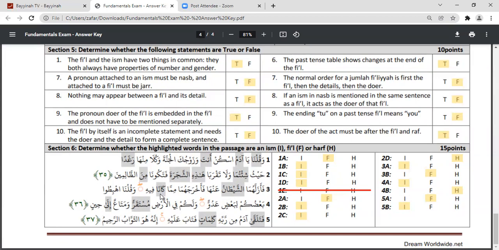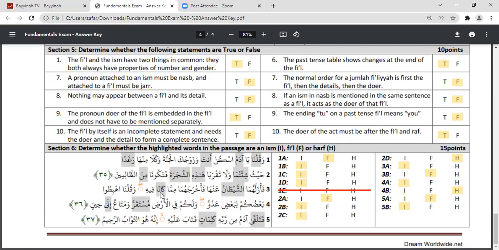3b, kana. Because this is a bit tricky, but kana rhymes with nasara, the fatha and alif over here indicate that this is a fa'il.